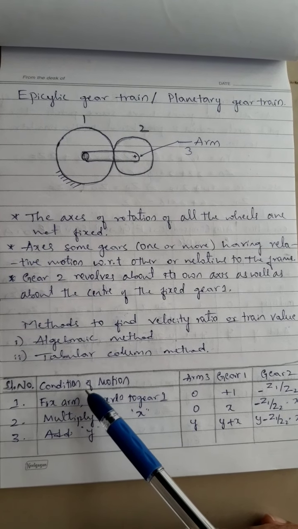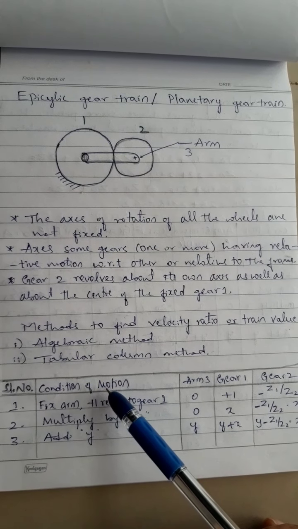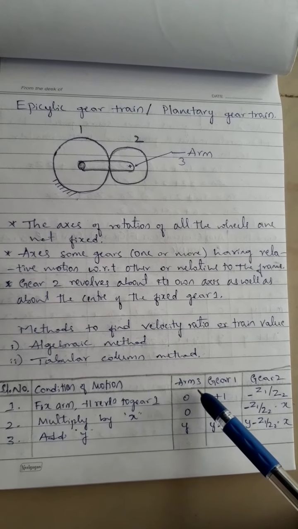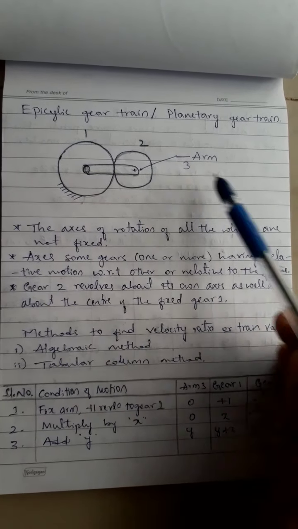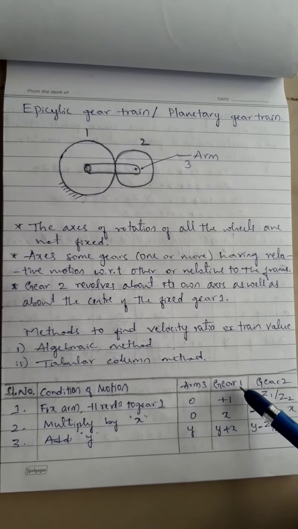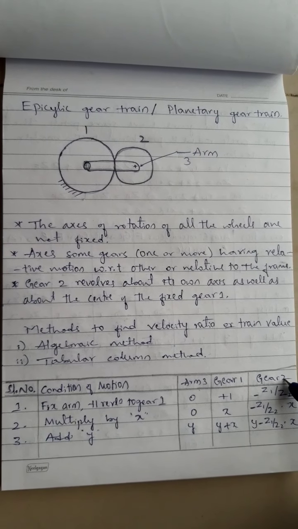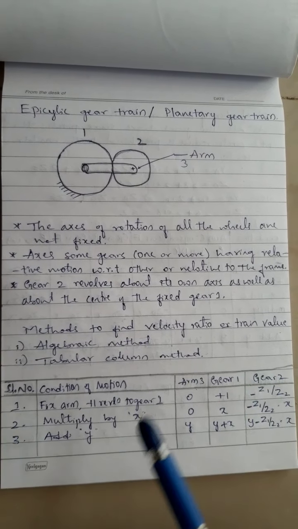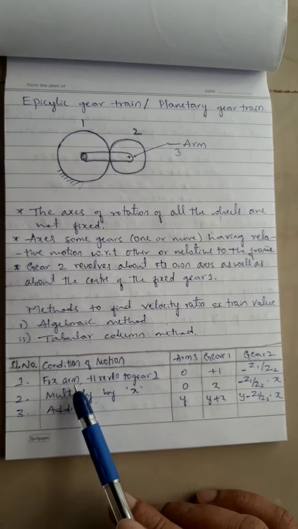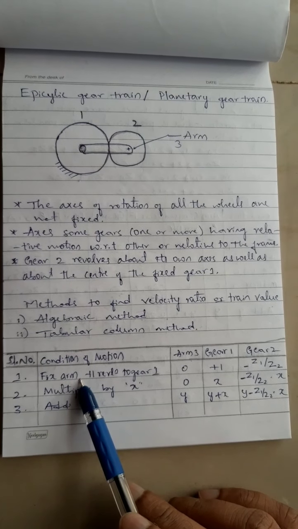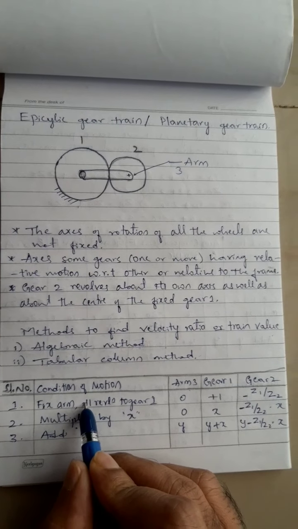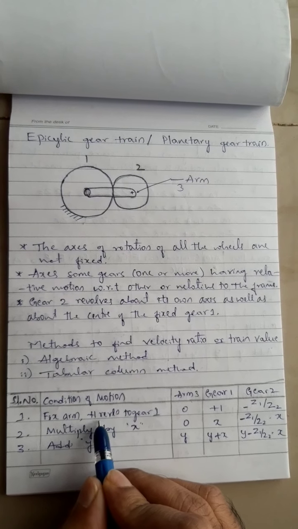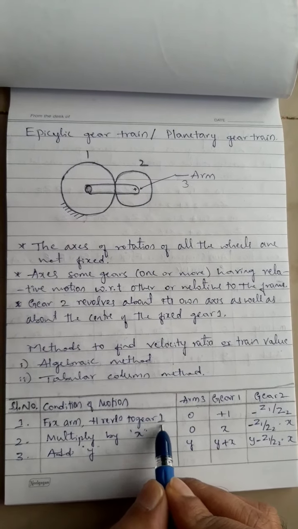To start with the tabular column method, first we have the condition of motion. Next we have the arm, that is, here we can see the arm 3. Next we have gear 1 and gear 2. First fix the arm and give +1 revolution to gear 1.